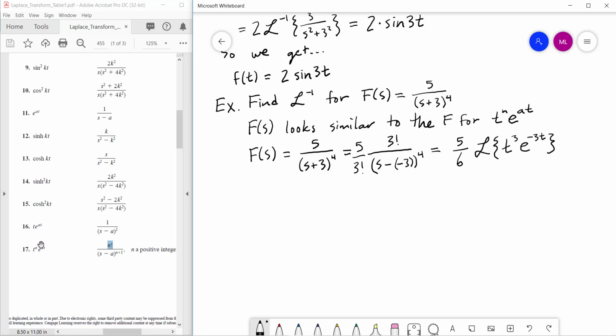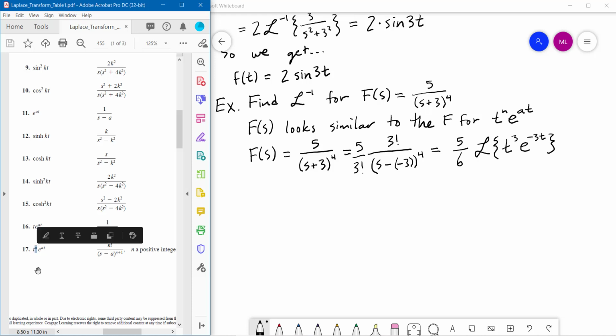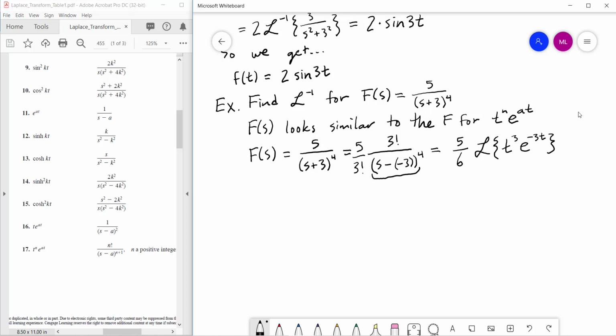Right. Plugging into this form, we've found the Laplace transform that you would get over here if n was equal to 3 and a was equal to negative 3. We would wind up exactly with this. So this piece right here is the Laplace transform of that right-hand side.